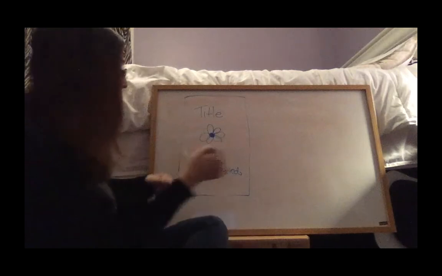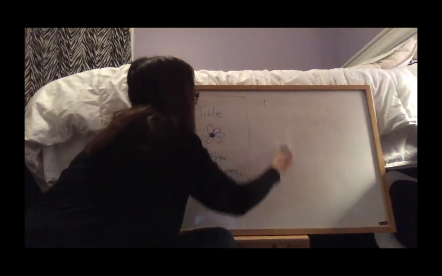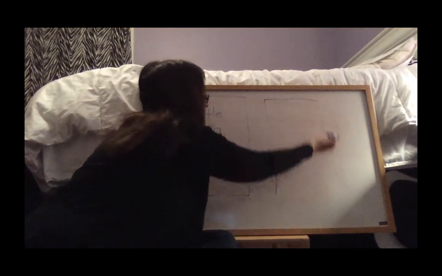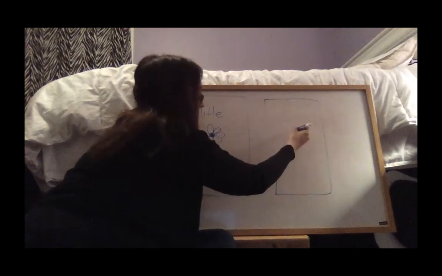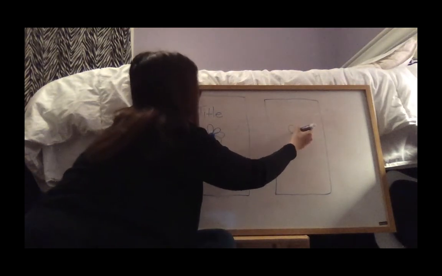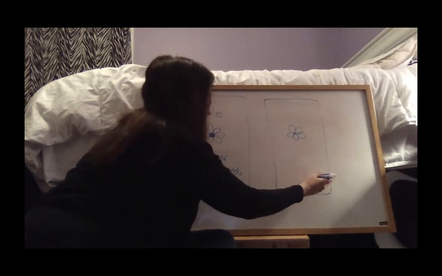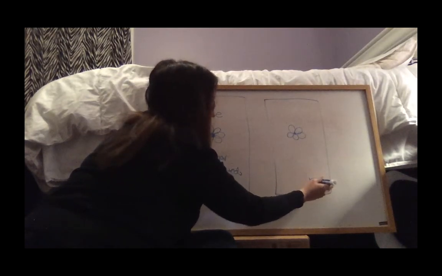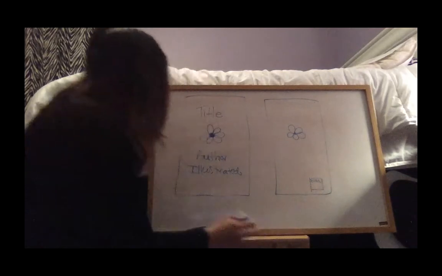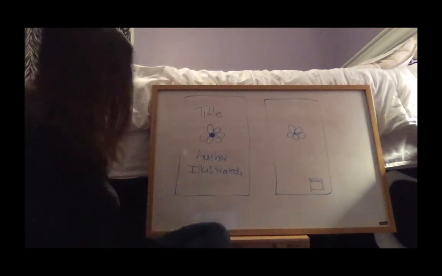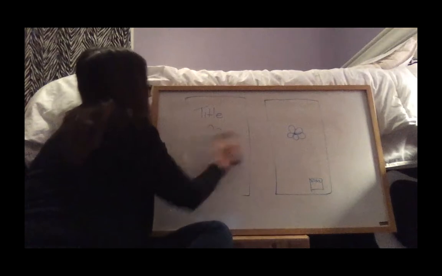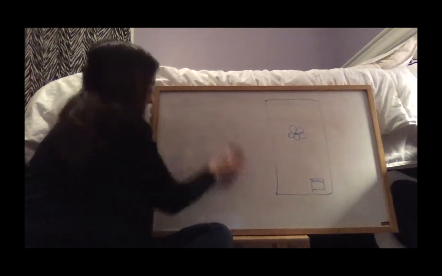So let's draw our back cover. Back cover has your picture. And then your ISBN number. Let's draw our title page a little smaller so we can get our front page on the board too.